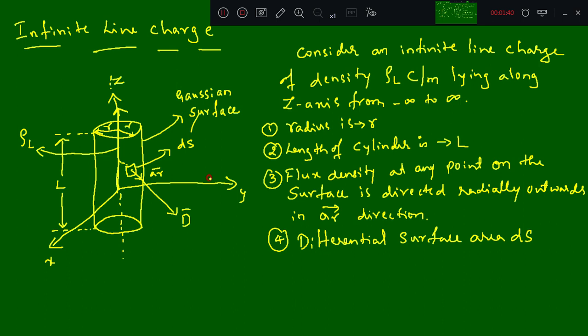Then we go for the charge. According to the Gauss law we get Q equals the surface integral of D dot dS.